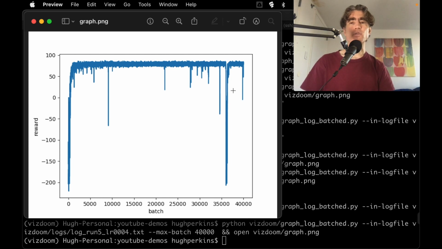It's both about 40,000 episodes. If we only add the gradient accumulation without increasing the learning rate, then it's 4 times slower. It took 160,000 episodes in that case. But on the whole, I would say that gradient accumulation with a 4 times higher learning rate seems like a win.